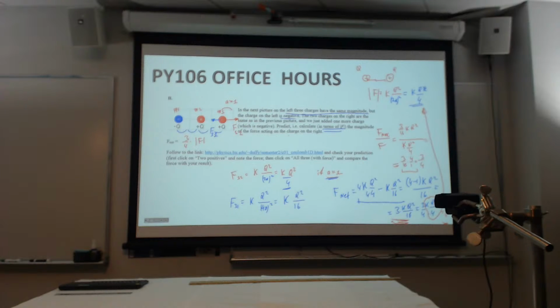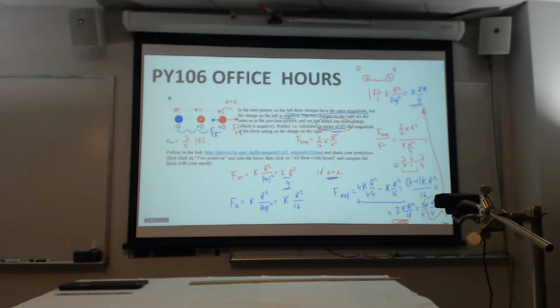It says in terms of F, it doesn't say in terms of Q. In terms of Q, net force is indeed equal to 3/16 kq squared. But in this case, you can't set A to 1. In this case, you must keep all variables if you use the full expression.